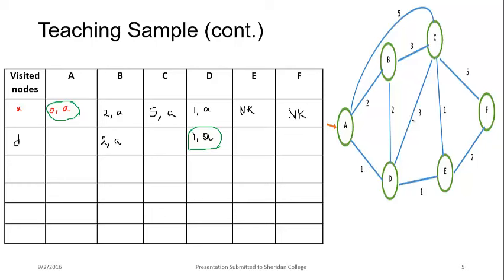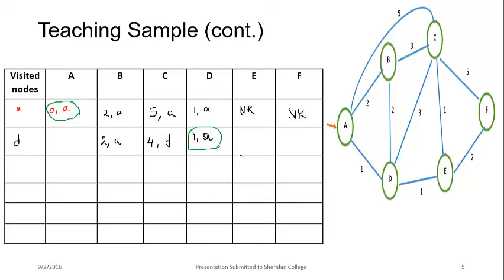So 1 plus 3 is 4. So 4 from D. This is much shorter.